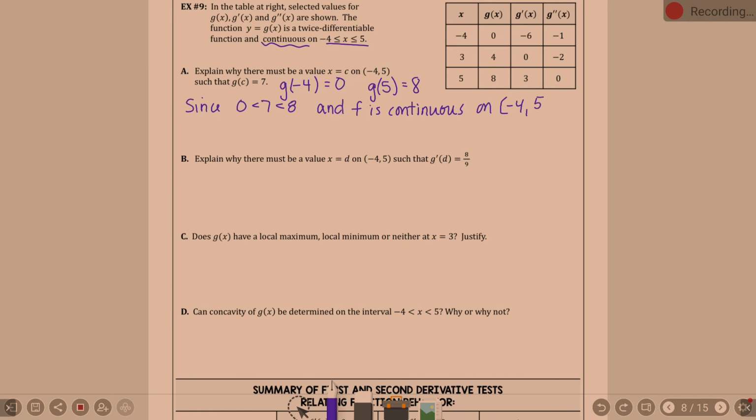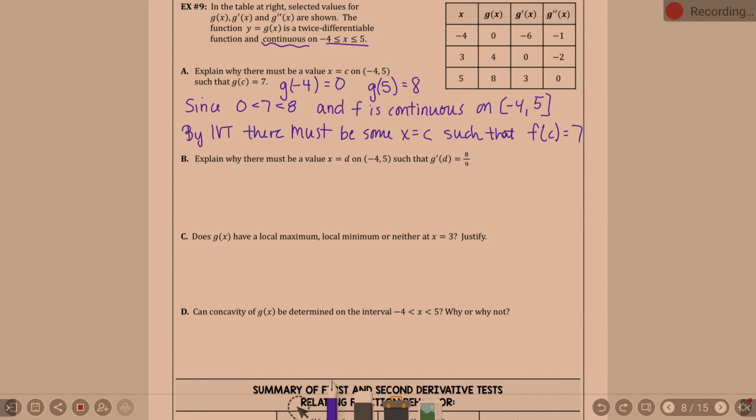Then by IVT, there must be a value where this is true. By IVT, there must be some x equals c such that, I'm going to continue with my f, it's supposed to be g, isn't it? g of c equals 7. Dang it, all of those should be g's.